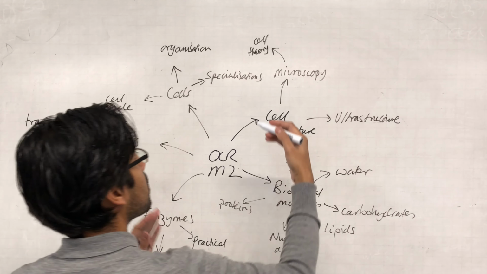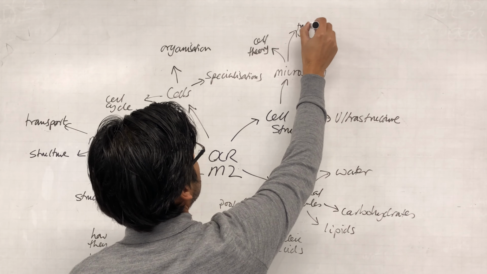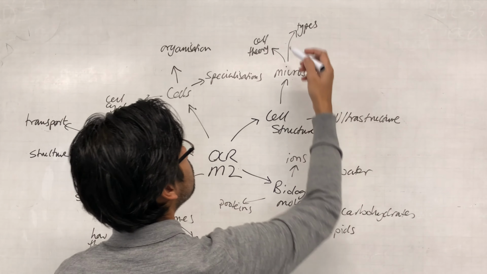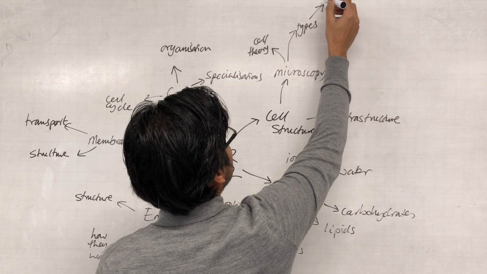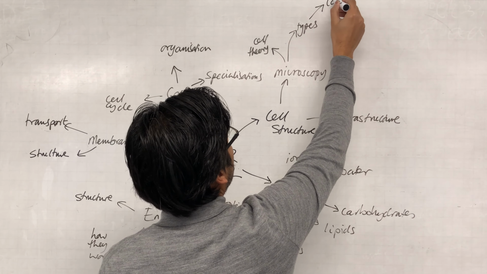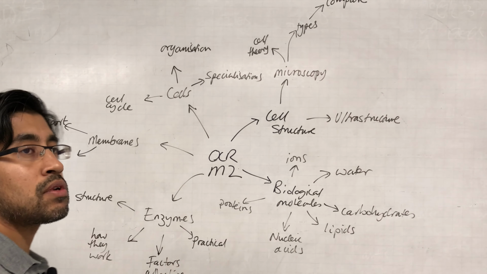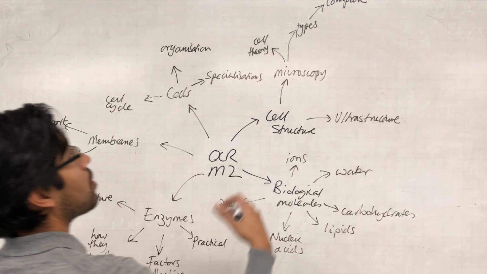So you're going to know cell theory. Then we started looking at the types of microscopes. For each type of microscope, you should know basically how to compare the different types of microscopes, their advantages, their disadvantages.